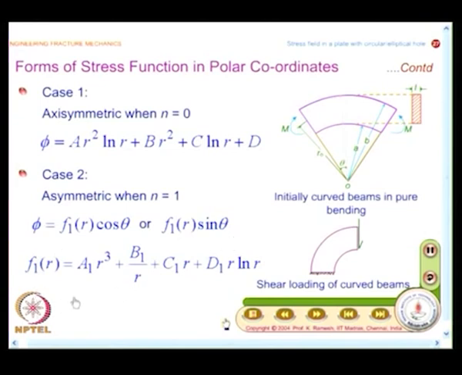And the function of r, why we put this as 1 is because we have also written the generic situation f suffix n. We are now talking about n equal to 1. So, it becomes f suffix 1. So, the function of r is taken as a1 r cube plus b1 by r plus c1 r plus d1 r ln r, and this is the useful stress function to find out the stresses due to shear loading of curved beams.